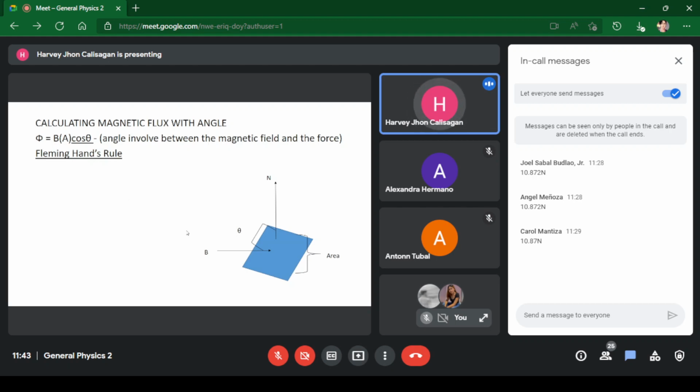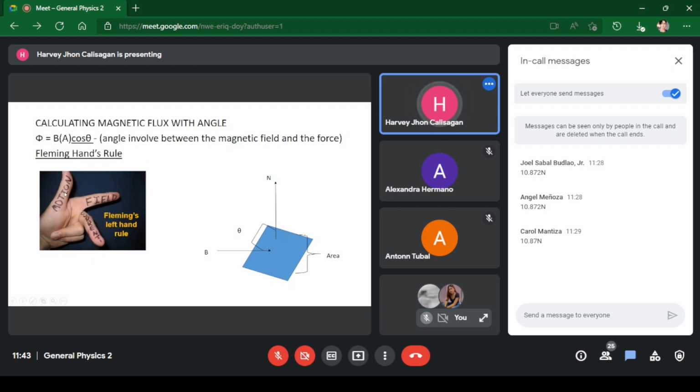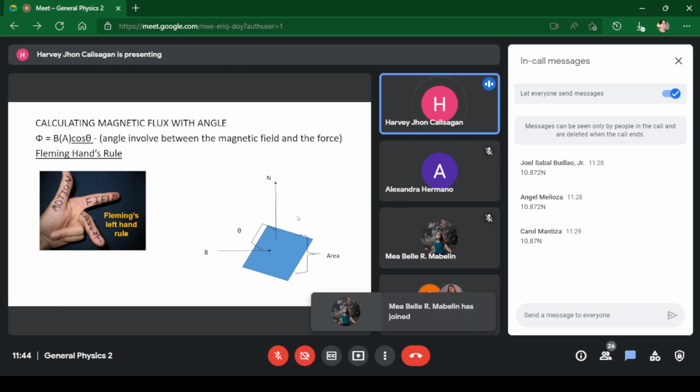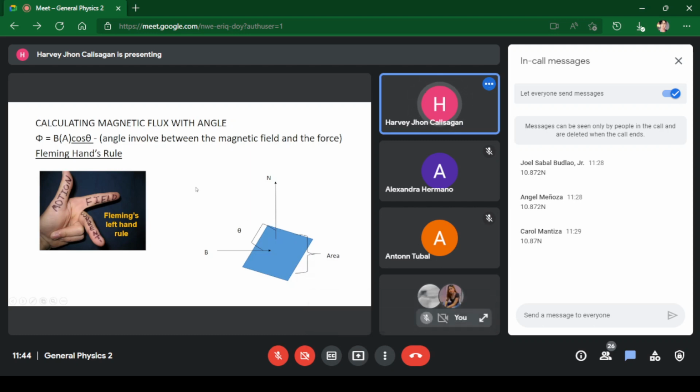Now this can be calculated. Because in this Fleming's rule, the motion here is affecting the connection of the field and the formulation of the current. In this case, we are not actually focusing on the current. But what if the direction of the current here is diagonal? So let's try that.